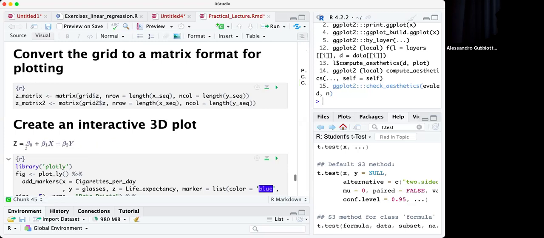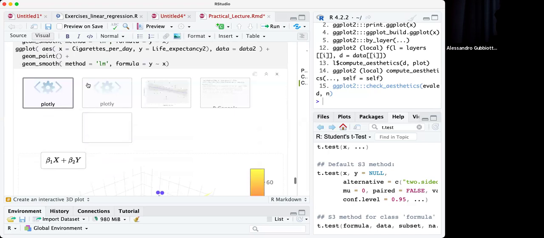So a multivariate linear regression is the same as a bivariate linear regression, but now there is more than one variable on the x-axis.